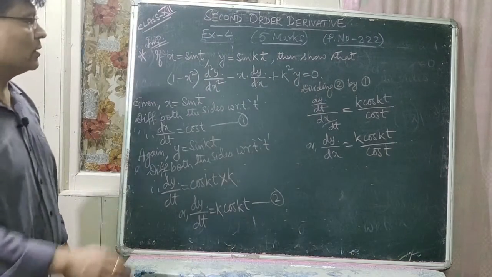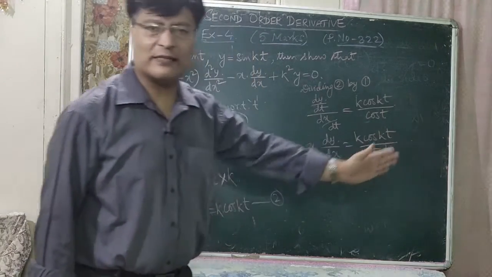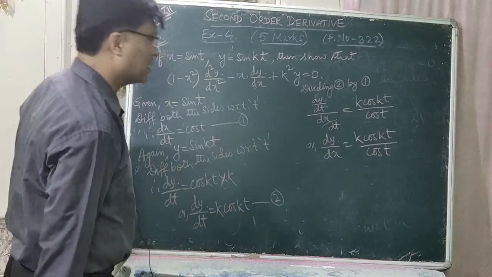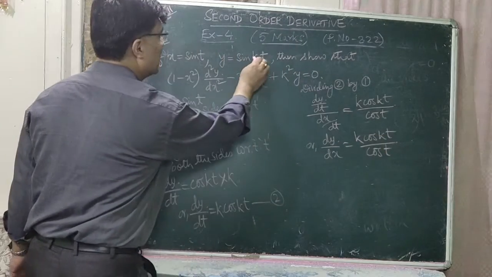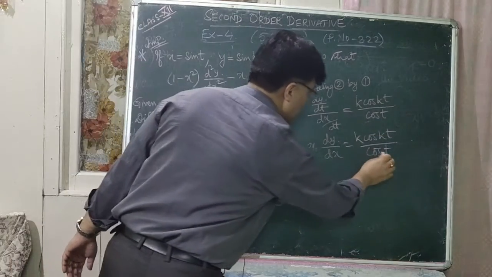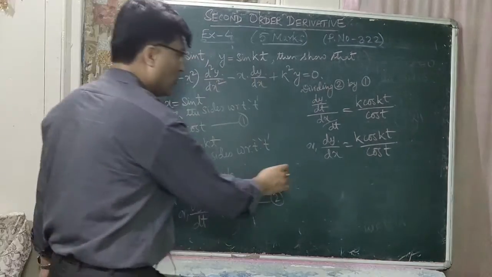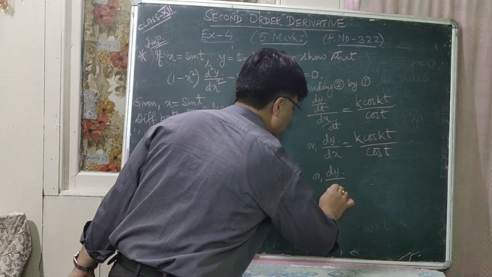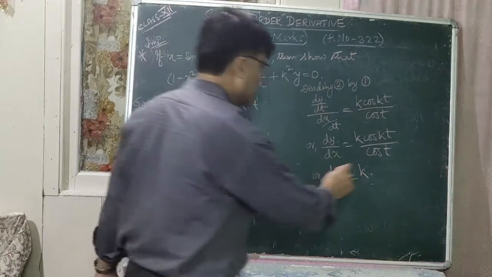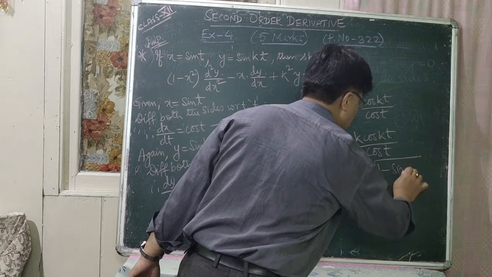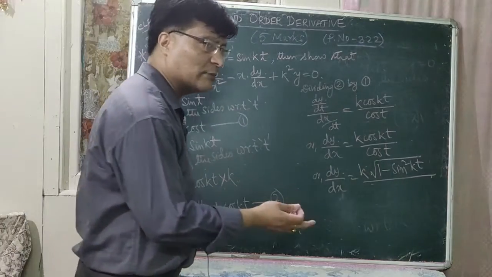Is that understood now? So what will you do in the next step? Before differentiation, let us simplify the right hand side. On the right hand side there is cos kt divided by cos t. If you can convert cos kt into sin kt, you can write y, and cos t in terms of sin t, then for sin t you can write x. So dy by dx is equal to k. What is cos kt in terms of sin kt? It is root over 1 minus sin square kt, divided by, in the denominator also similarly, what is cos t in terms of sin t?